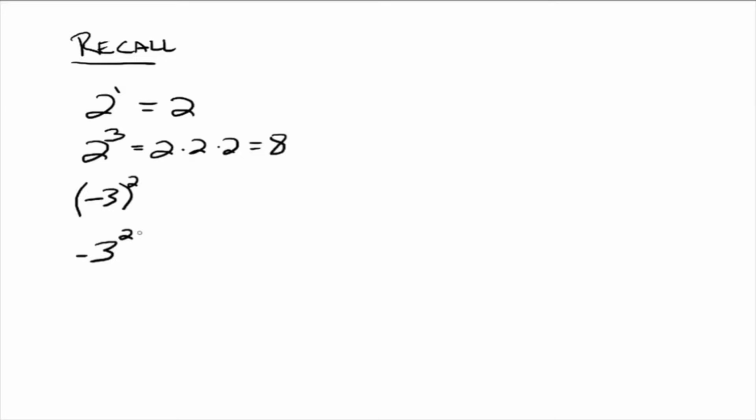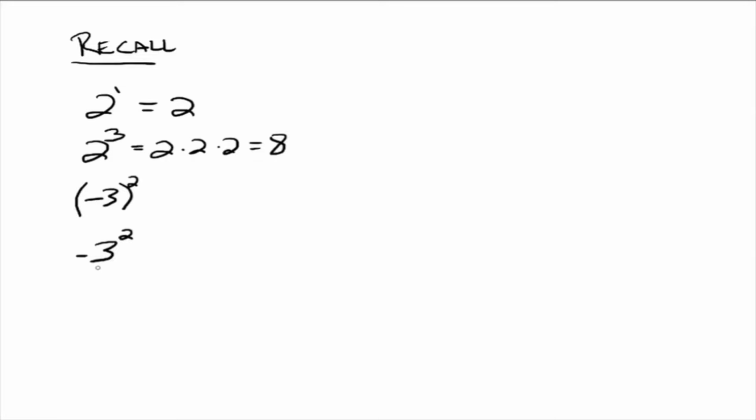Whereas down here on the bottom one, the base for the exponent 2 is just the number 3. The base for an exponent is the number that's immediately to the left of it, and this minus sign down here does not indicate this is a -3 like it does up here. The parentheses here show that we've got -3 as the base raised to the second power.